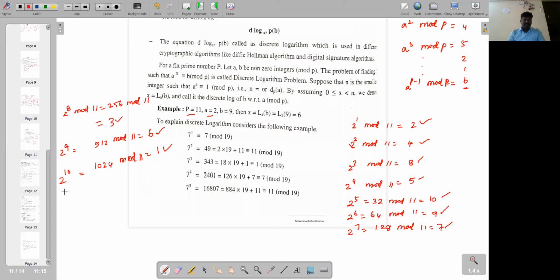So if you do all these modulus operations, 2 power 1 mod 11 up to 2 power p minus 1, which is 2 power 10 mod 11, we'll get all the values from 1 to p minus 1, which is 10. If you get these remainders for a given value, then this given value a, which is 2, is considered a primitive root for the given number.